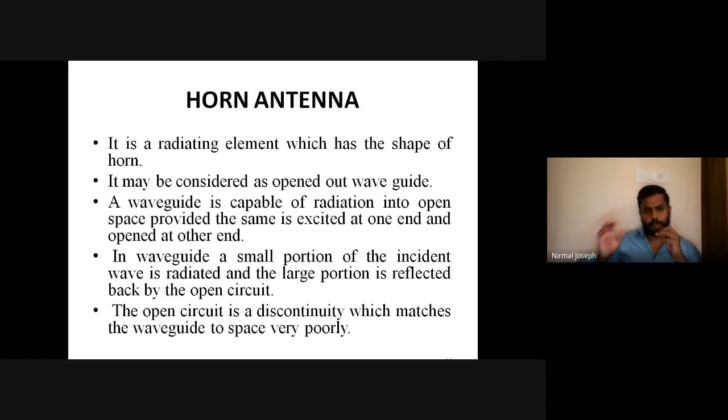The problem in front of us is the sudden discontinuity in the waveguide, which causes the wave to reflect. If we avoid the sudden discontinuity, we may be able to transmit the wave into space, and a device that transmits the wave into space is an antenna. So that is the design of the horn antenna, or that's how we are going to implement it. Okay, so we will see.